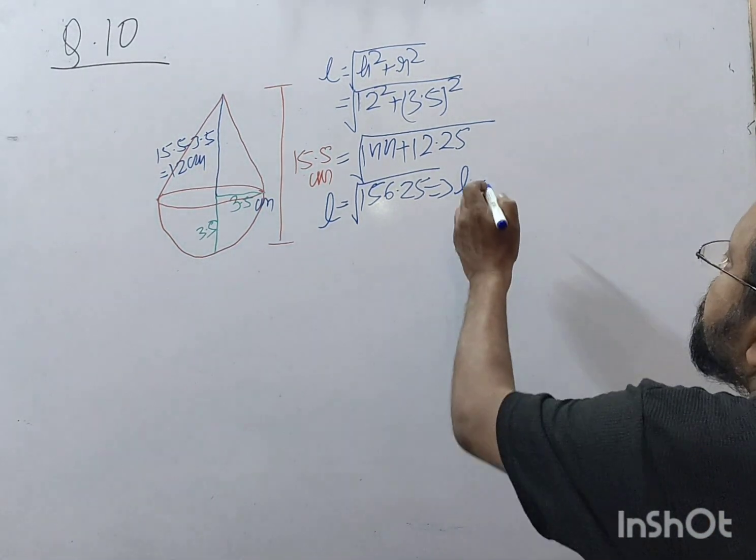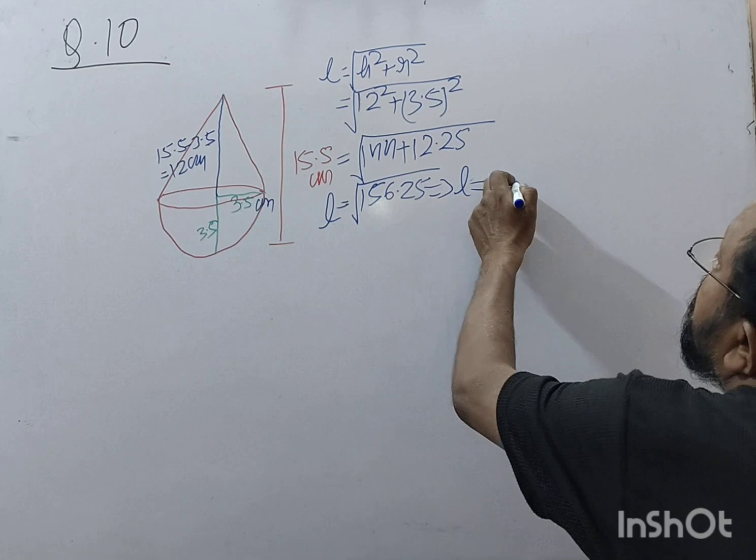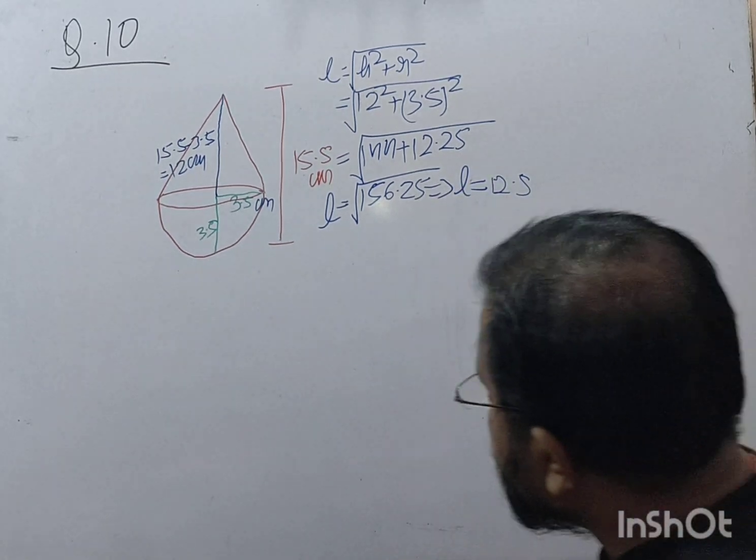So the slant height is 12.5. Now what do you have to find?